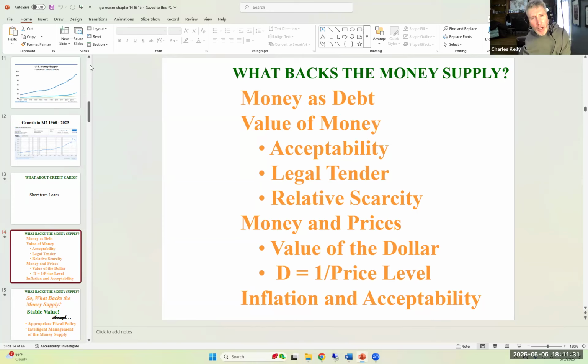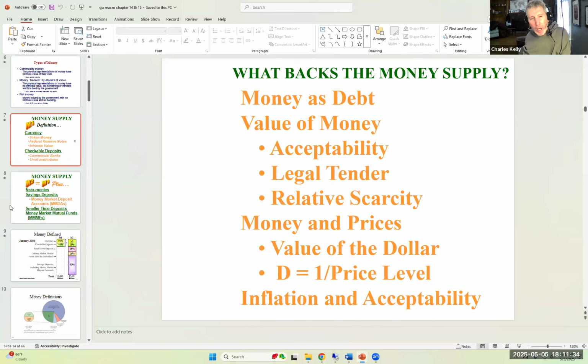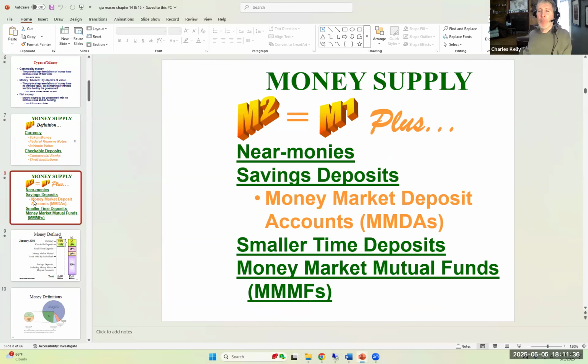There is at least one question about M1, M2, maybe a couple questions. I don't remember, at least one. So, you know, cash, is that M1 or M2? Checkable deposits, money in checking accounts, is that M1 or M2?